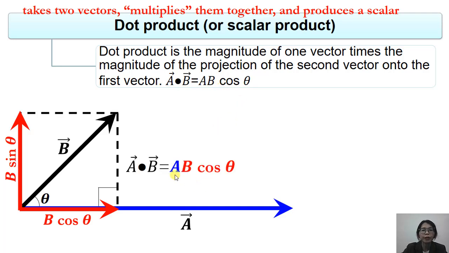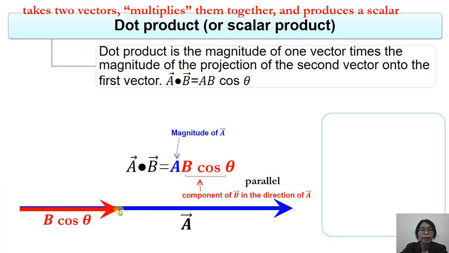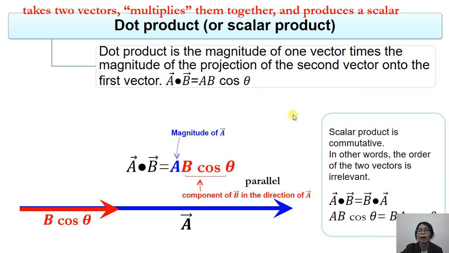If we refer to the equation of dot product, A is the magnitude of vector A. B cos theta is the component of B which is in the direction of A, meaning the component of vector B which is parallel to A. So dot product is taking the magnitude of vector A multiplied with the magnitude of the component of B which is parallel with A. Dot product or scalar product is commutative.